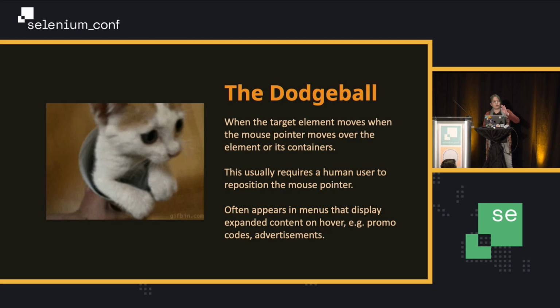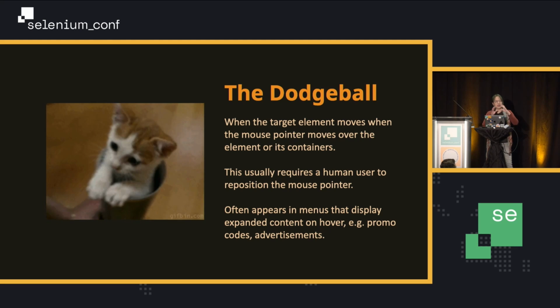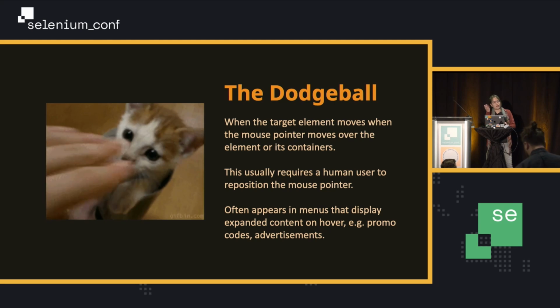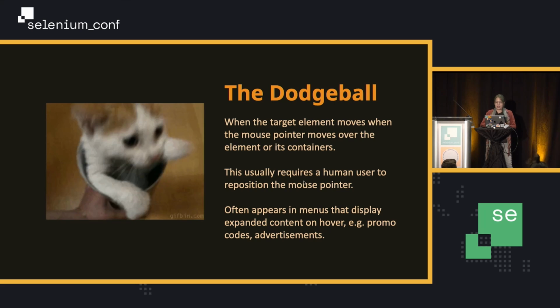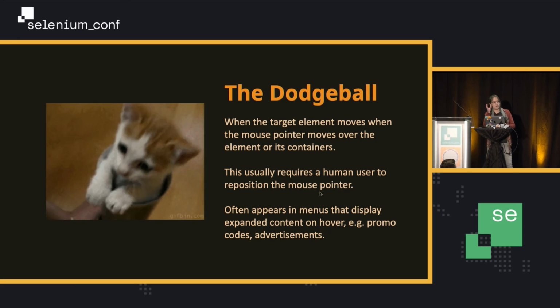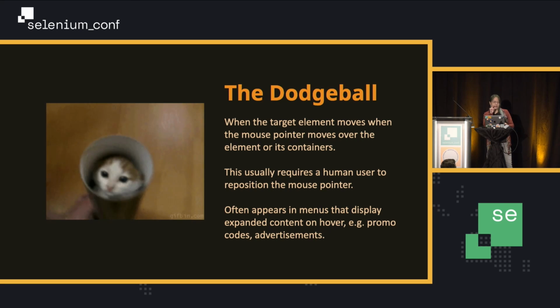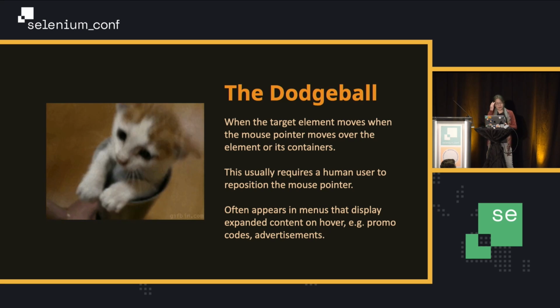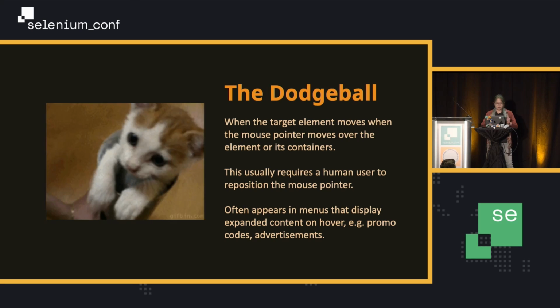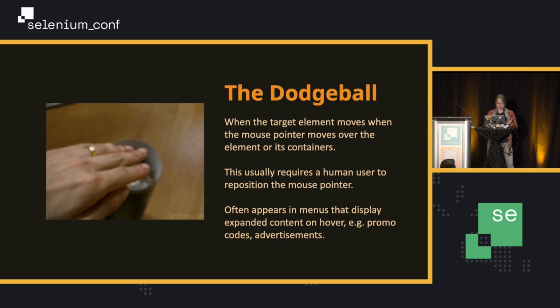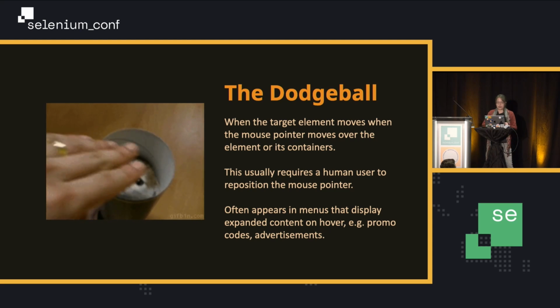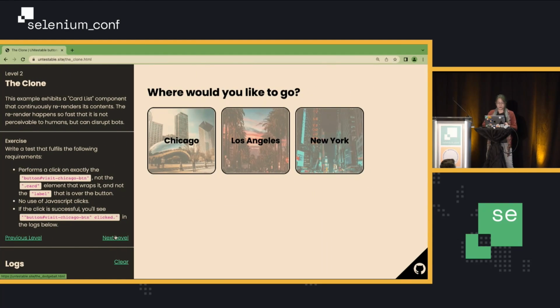So when you move your cursor over the element itself or the container, it expands. As a human being, you'd be mildly annoyed, but you just reposition your mouse and click on it. But the automation bots can't figure out how to do that. Or at least the finger at this current version doesn't know how to do that. So let me show you the Dodgeball.